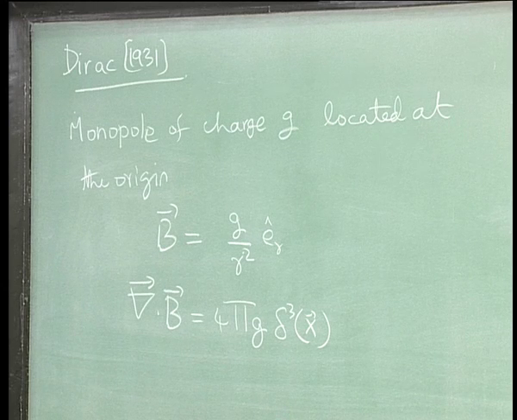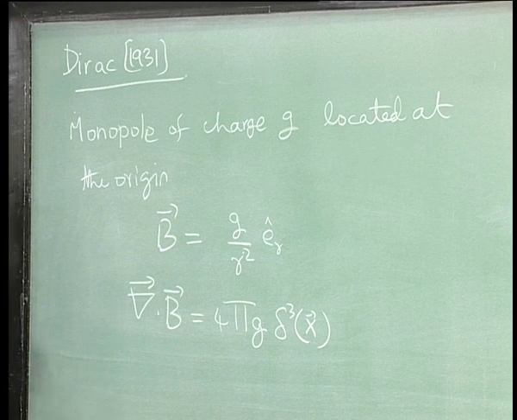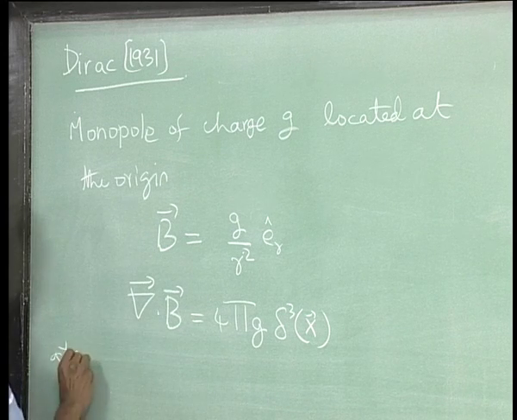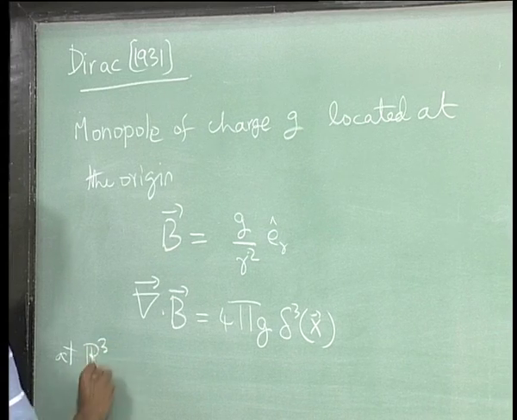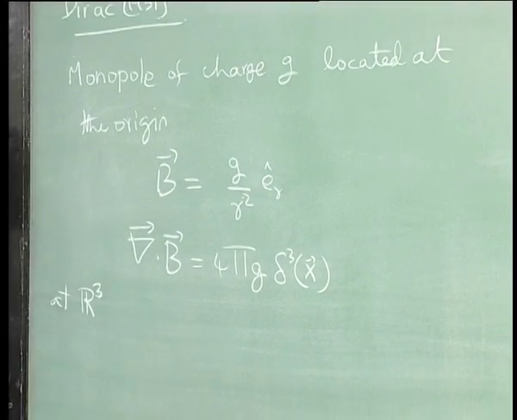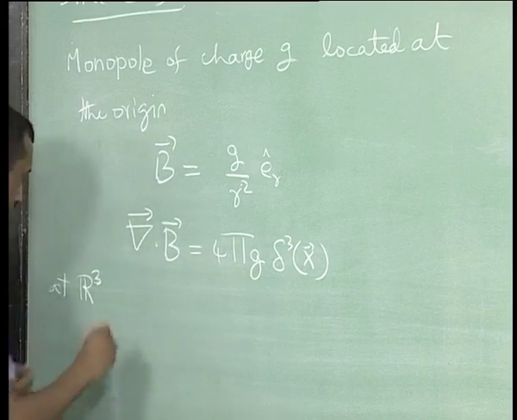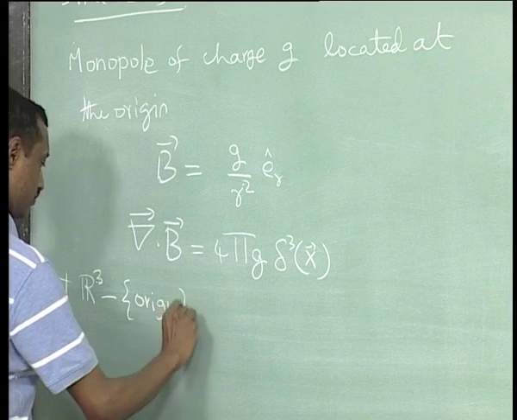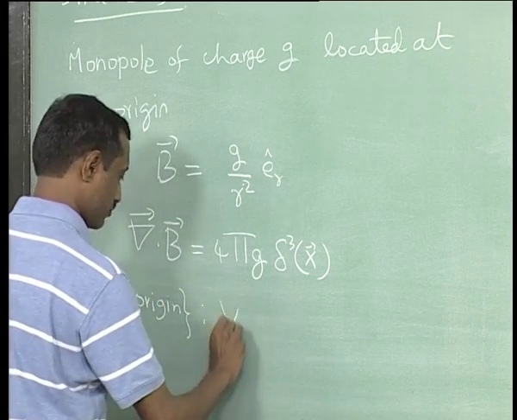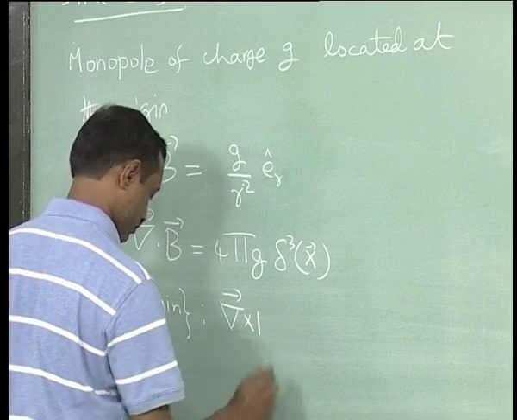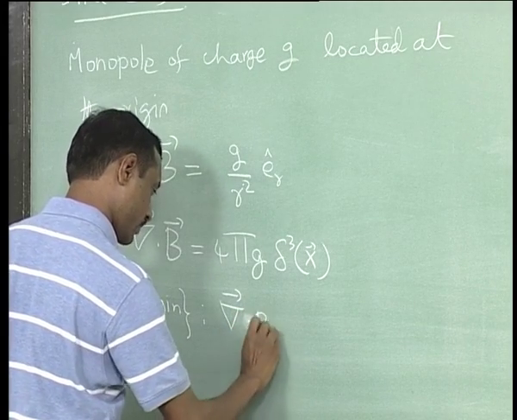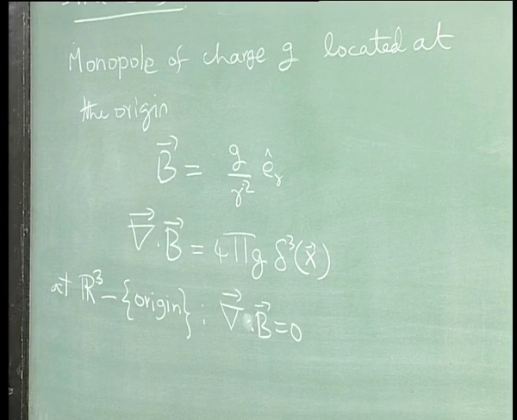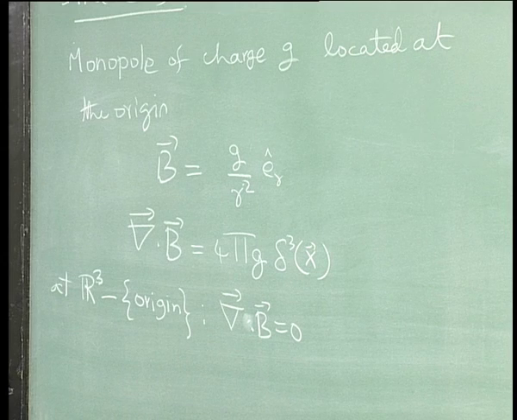Okay. So if you observe, space is just R3, and if we delete the origin, del dot B is 0, because this is a delta function. It is not so bad.